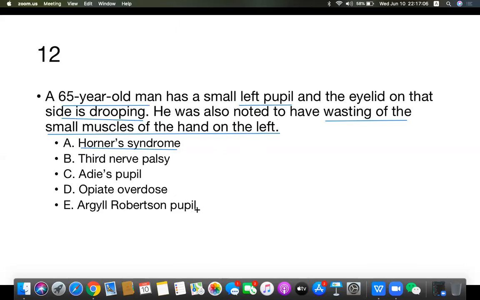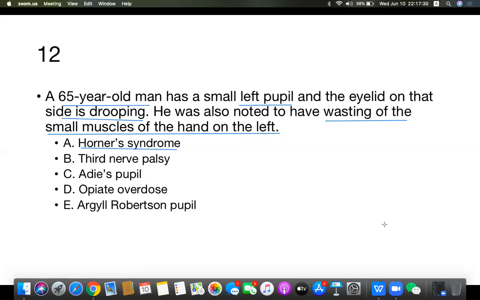Argyll Robertson pupil, you're absolutely correct. They didn't give any clue for the light reflex or accommodation reflex. No history of syphilis. And Adie's pupil is a tonically dilated pupil, which very slowly reacts to the light. This occurs because of damage to the postganglionic parasympathetic fiber. So this is not the case here.